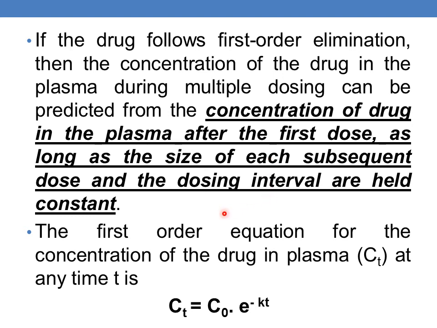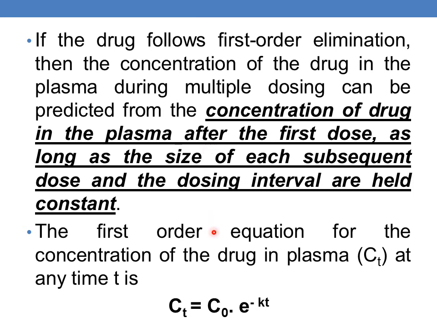The dose size and the dosing interval should be constant. In such cases, the plasma drug concentration during multiple dosing can be predicted from the plasma concentration after the first dose.